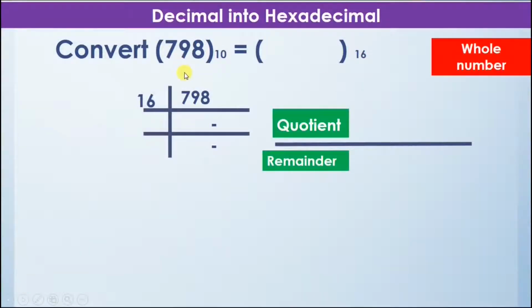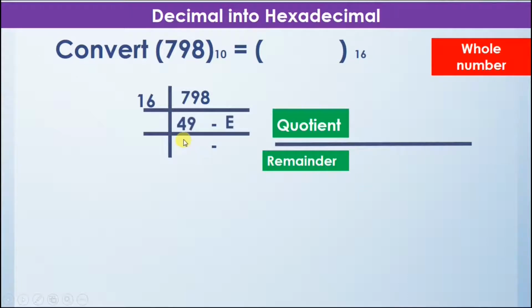So here we are given with the number 798 in decimal and we have to convert it into hexadecimal number. So as we have to convert the number into hexadecimal, so we will divide the number by 16. So when the number 798 is divided by 16, the quotient is 49 and the remainder is E. So 49 comes here and E comes here.